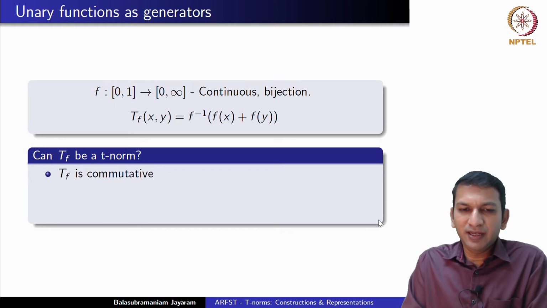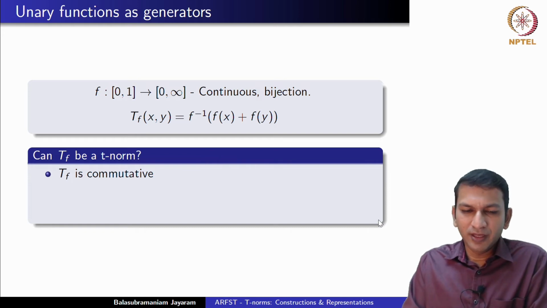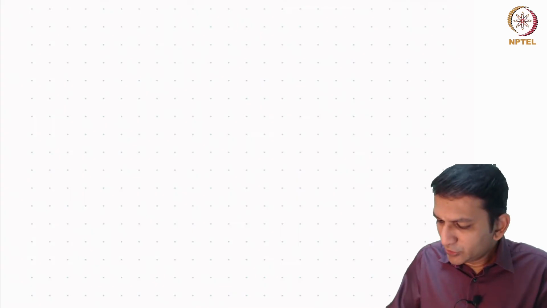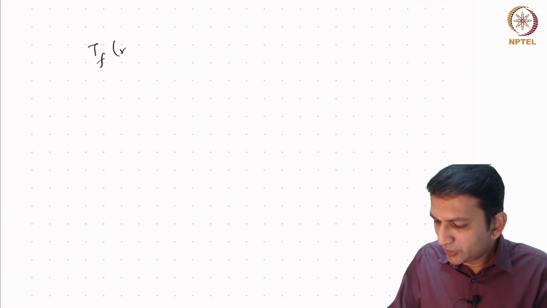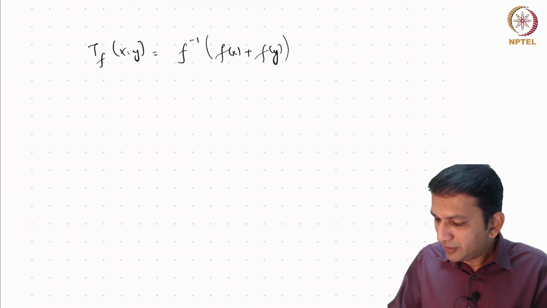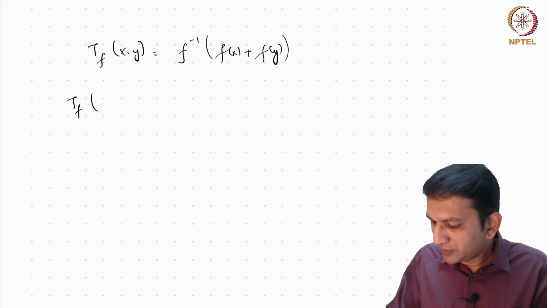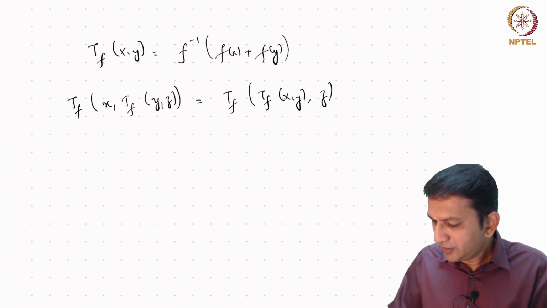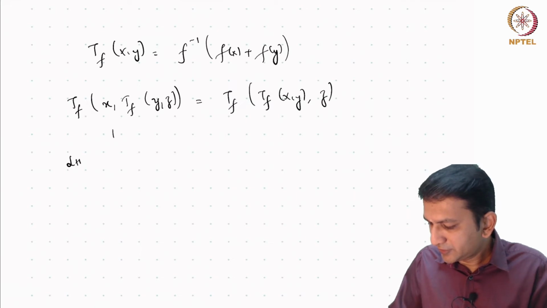Now it is immediately clear that this tf is commutative. Is it also associative? It is easy to see it is the case. Look at this. We are defining it as f inverse of f of x plus f of y. Now, associativity means what we want is this should be equal to tf of... let's consider this part, the LHS.